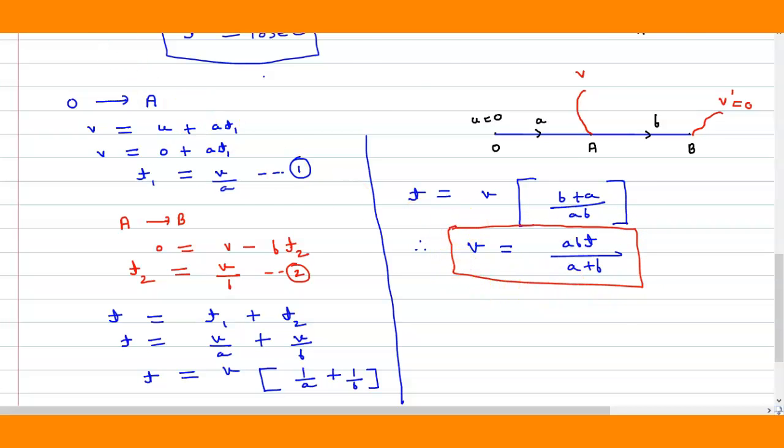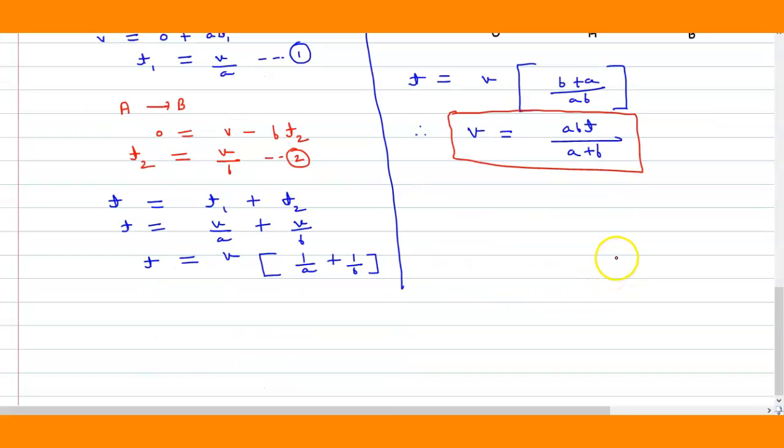Okay. The question is that a ball falls from a 20-meter height on the floor and rebounds to 5 meters. The time of contact is 0.02 second. Find the acceleration during impact.